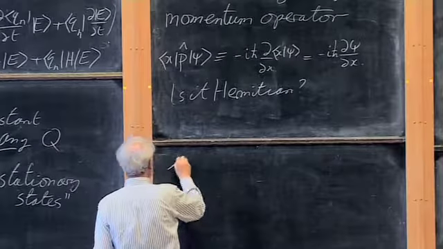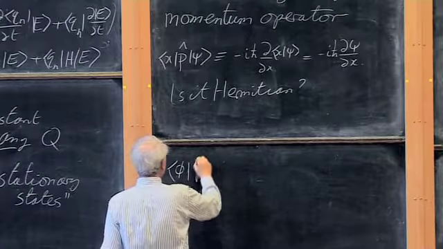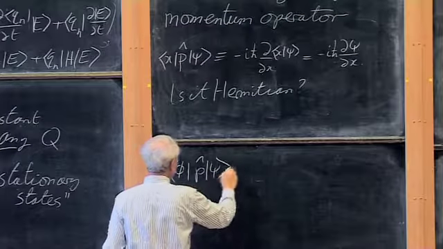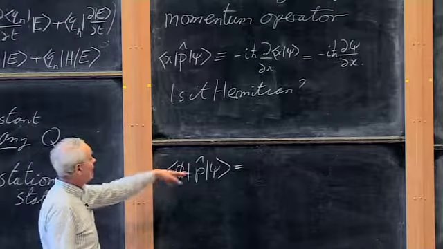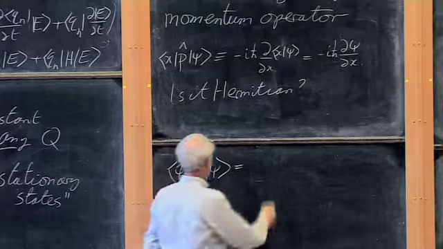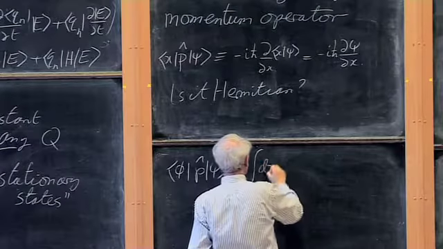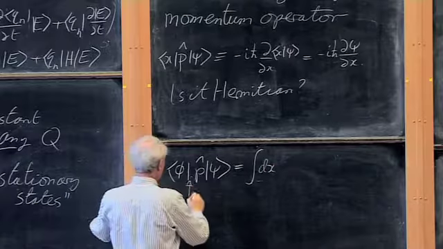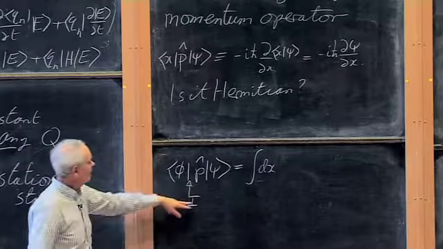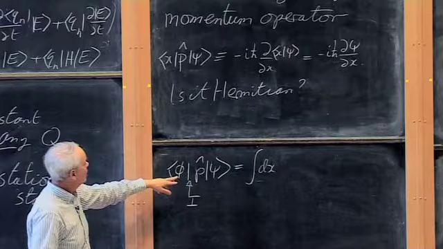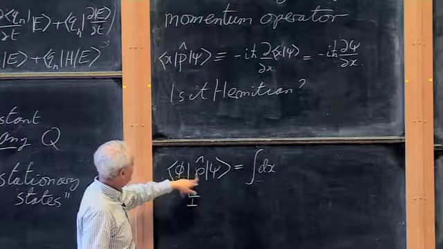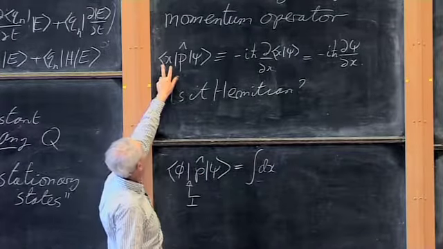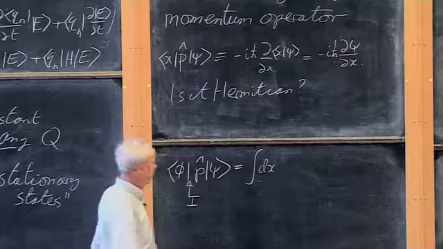So let's write down the complex number phi, p hat, psi. Let's evaluate this using this hocus pocus here. So this is the integral dx. What am I going to do? I'm going to put an identity operator just in here, made up of x's. Why? Because I know I've defined p in terms of what happens when it has an x on the left of it.